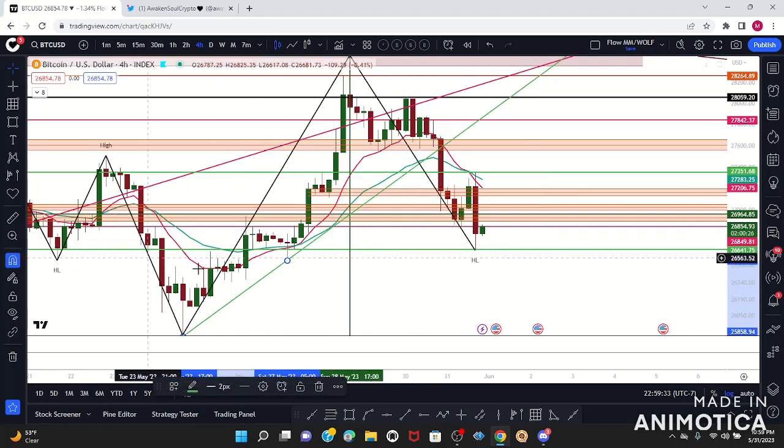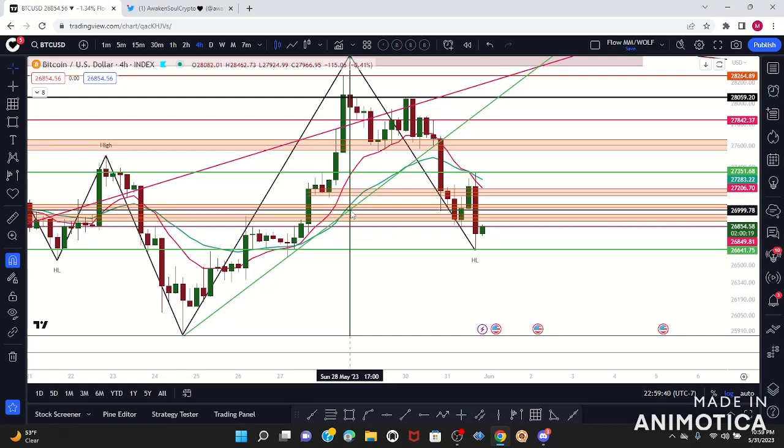Let me turn on my magnet here. The reason we officially hit it is because 4-hour targets are big for me. I usually see big reactions within 4-hour targets. As you can see, we hit it, we reacted, we came back down. So my next 4-hour target would be based on this price action.